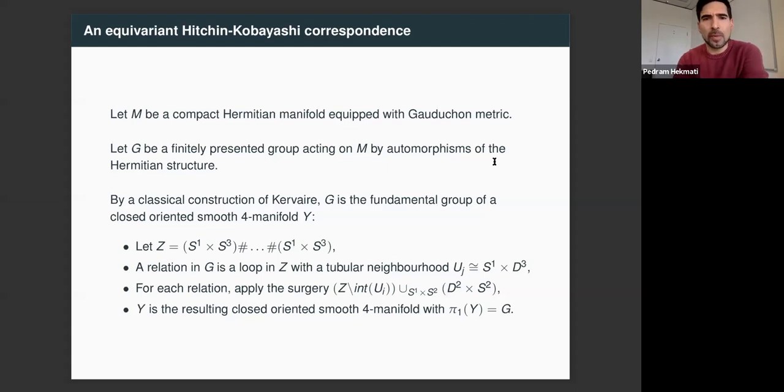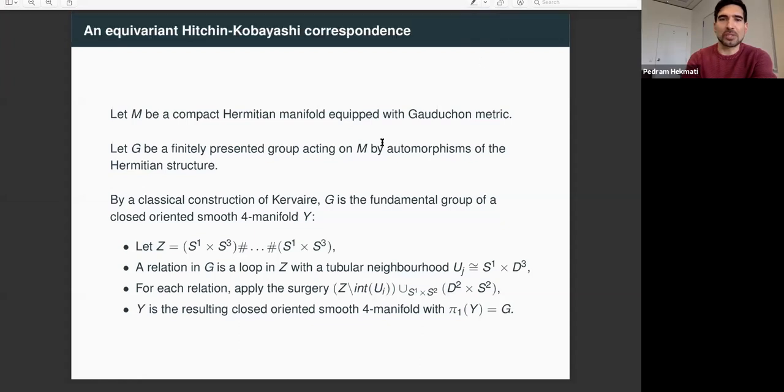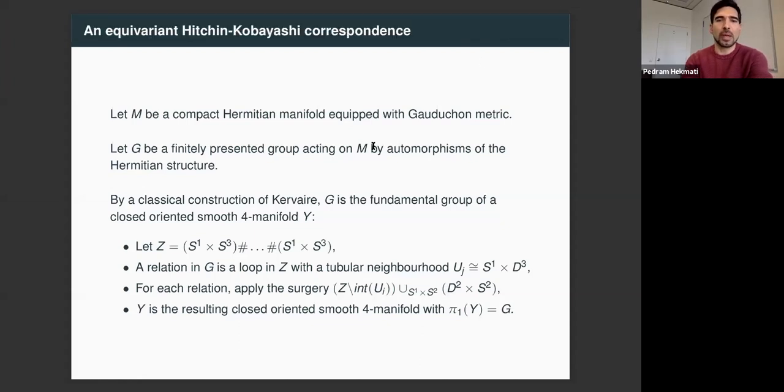All right, so let me mention maybe two other applications of the Hitchin-Kobayashi correspondence. Consider a setting where you have a compact Hermitian manifold, Gauduchon manifold, acted upon by a finitely presented group. So let me just remind you, there's a very neat way of showing that such finitely presented groups can be realized as the fundamental group of a closed oriented four-manifold.